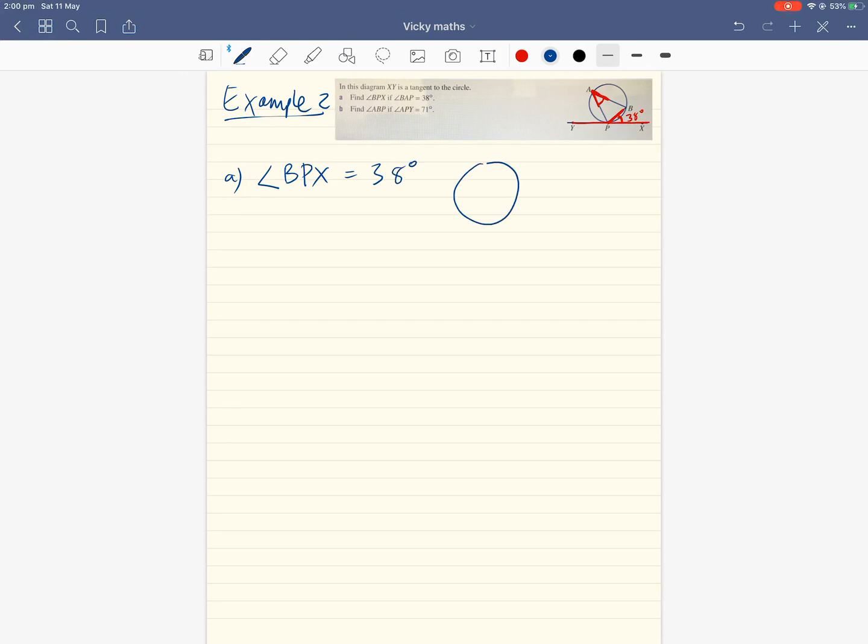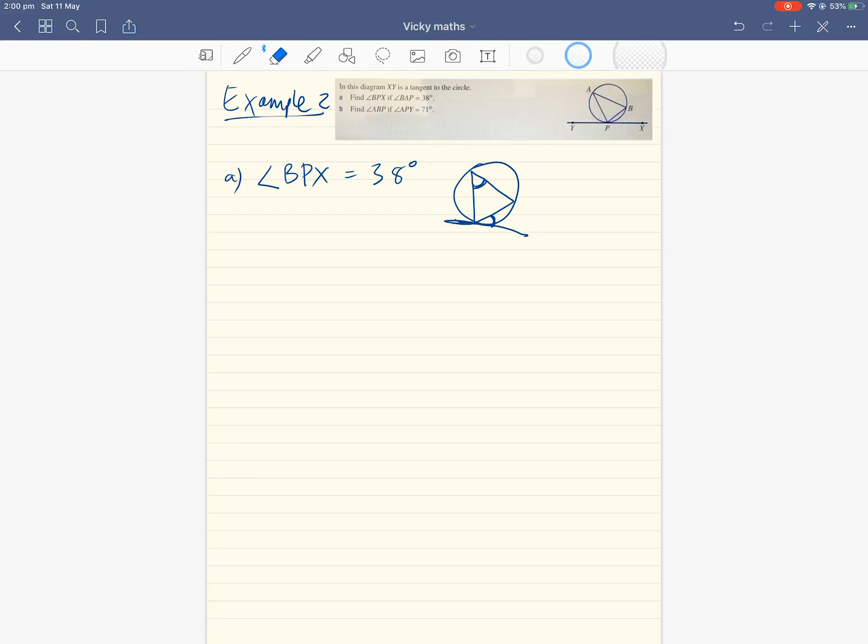Why? Because of the alternate angle theorem. So I didn't mention before, but the symbol for alternate angle theorem is just a miniature diagram of what you're applying, literally. That if you have a triangle shape inside a circle, then this external angle must be the same as the interior alternate angle.